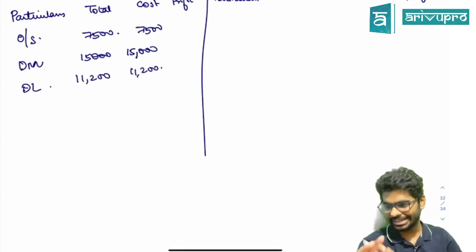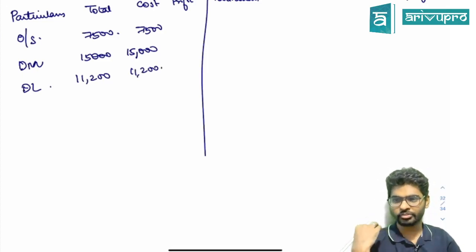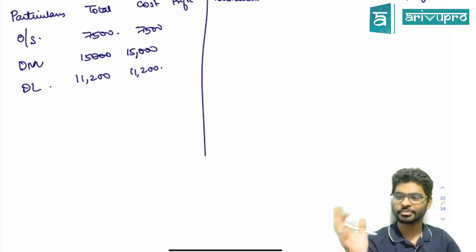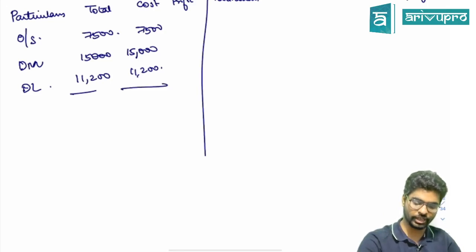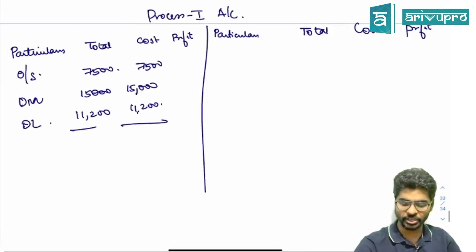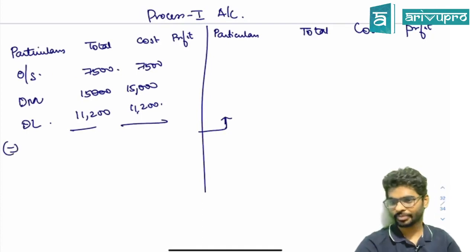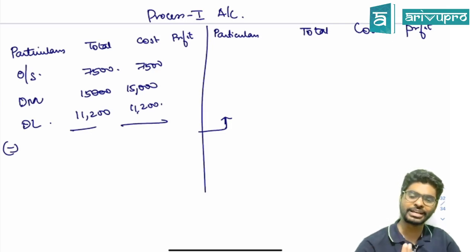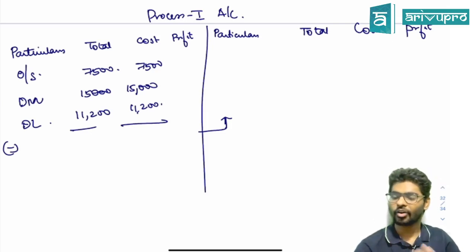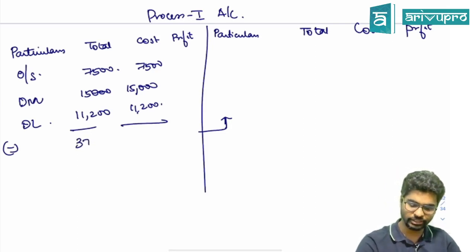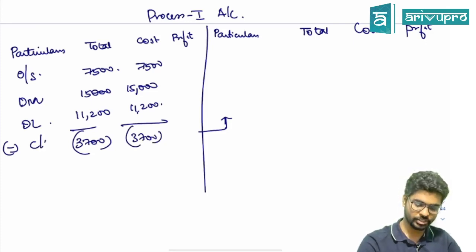Generally in most of the questions they will not be giving you the closing stock. In this question they have given me the closing stock, so good for me and good for them. I have an option of either writing closing stock here or I can reduce it here. Whenever it's an inter-process costing, I would prefer if you can reduce it from your cost on the debit side itself, because it will help me to find out the profit element. So I'll do 3,700, which has been deducted as my closing stock.